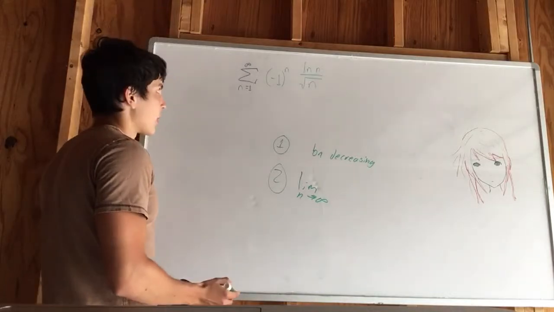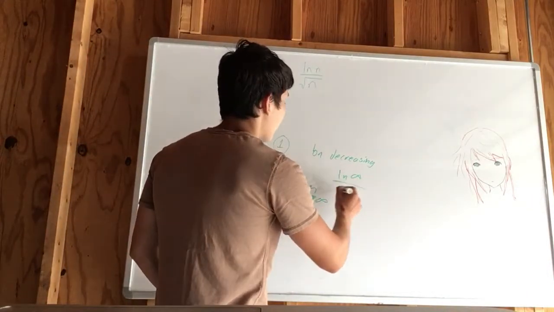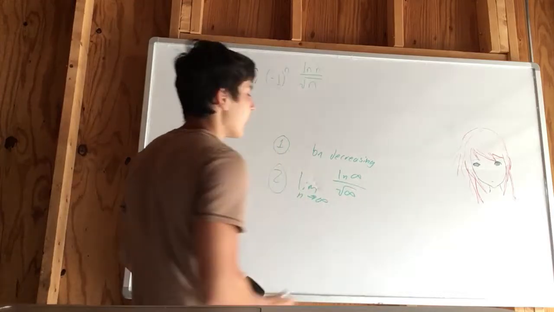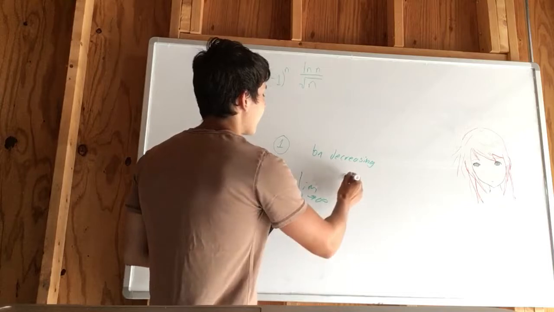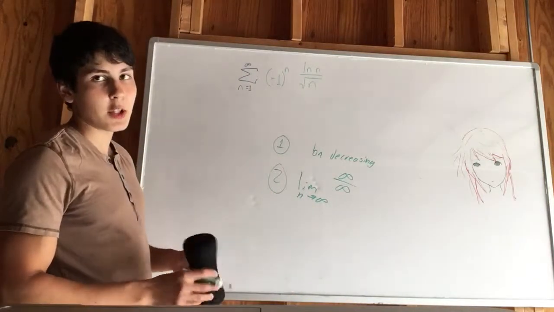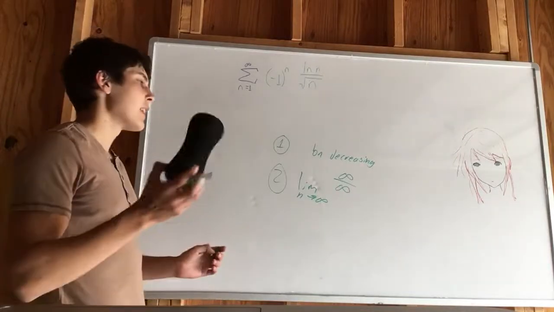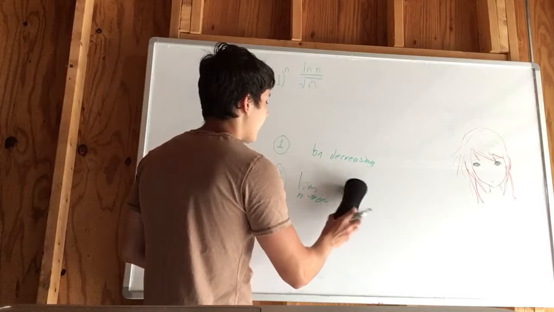If we take the limit as n approaches infinity, we would get the natural log of infinity over the square root of infinity, which is infinity over infinity, and that tells us that we can use L'Hopital's rule. L'Hopital's rule says take the derivative of the numerator and take the derivative of the denominator.